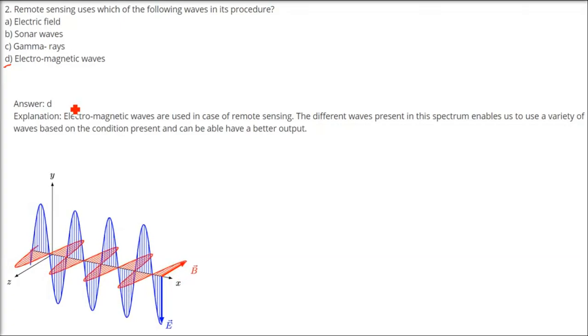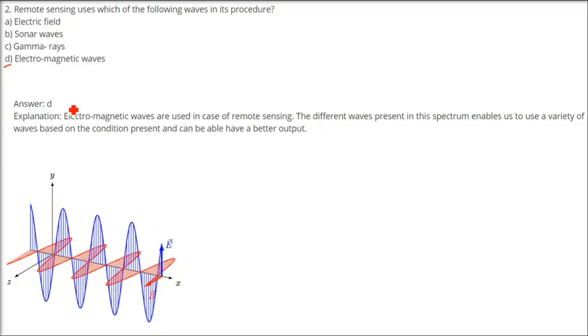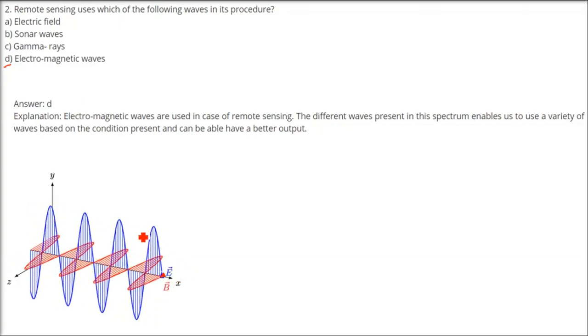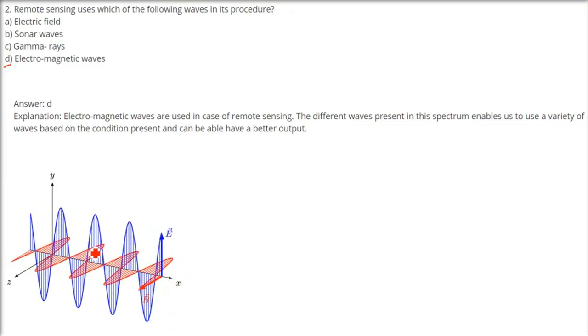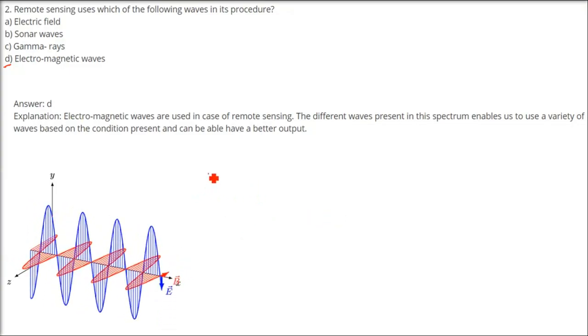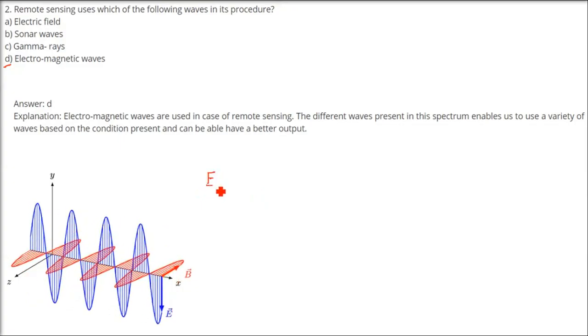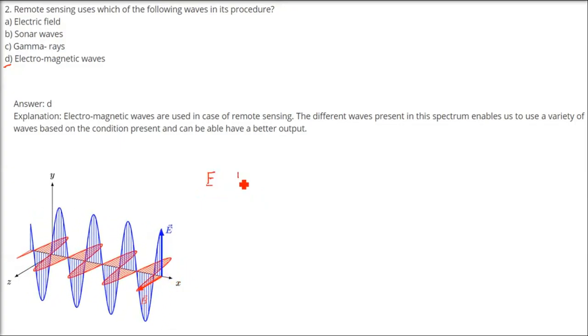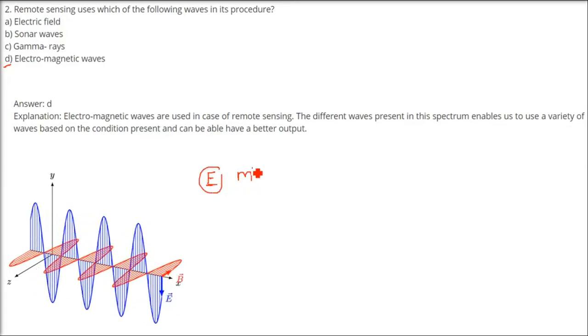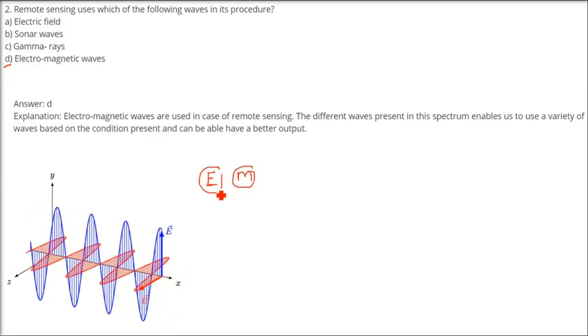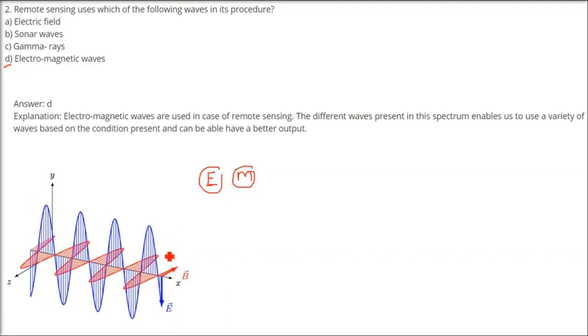In the electromagnetic spectrum, we have different lambda representing different frequency, and these are created by electric and magnetic fields, that is, electricity, which in normal language is current, and magnetism.